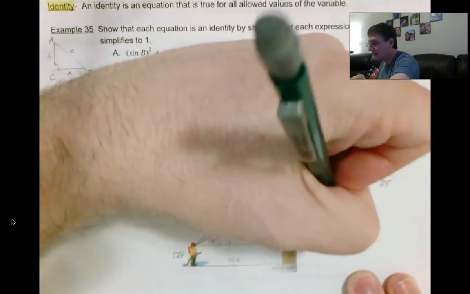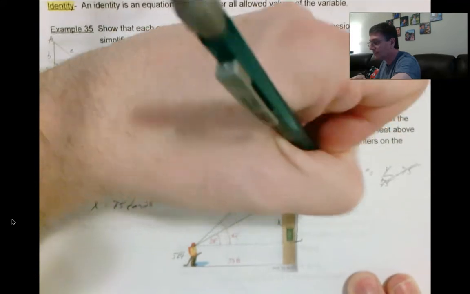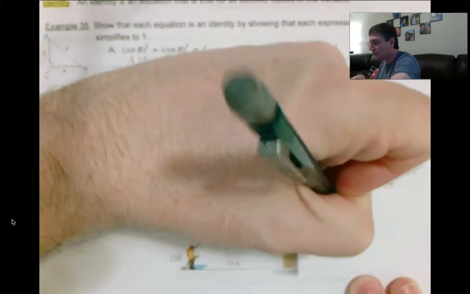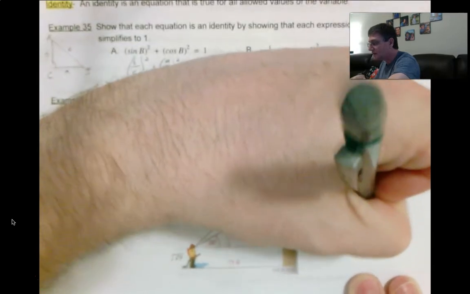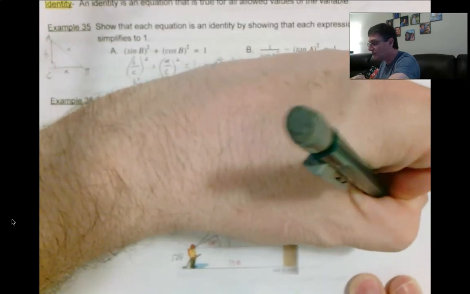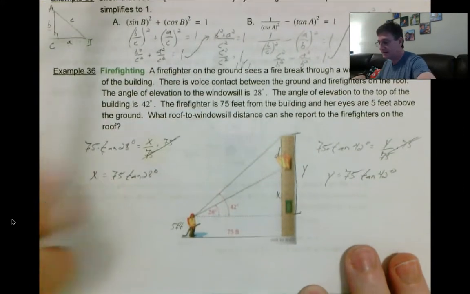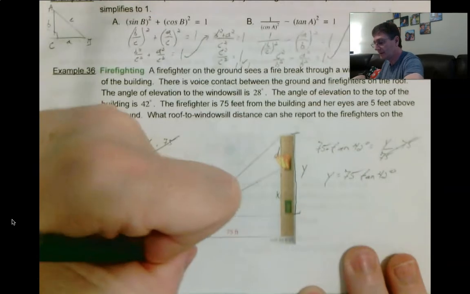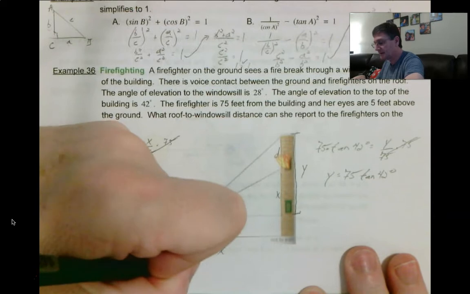Y, multiply both sides by 75 again. Y is equal to 75 tangent 42 degrees. And D is equal to y minus x.